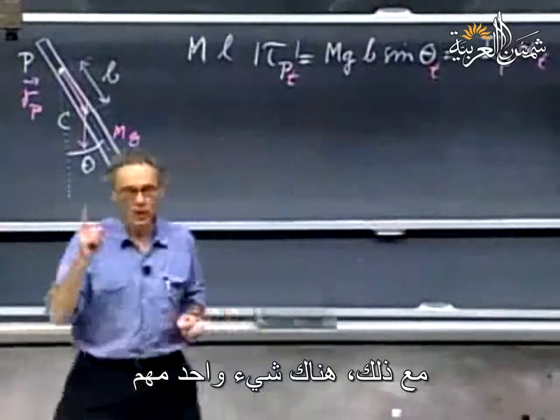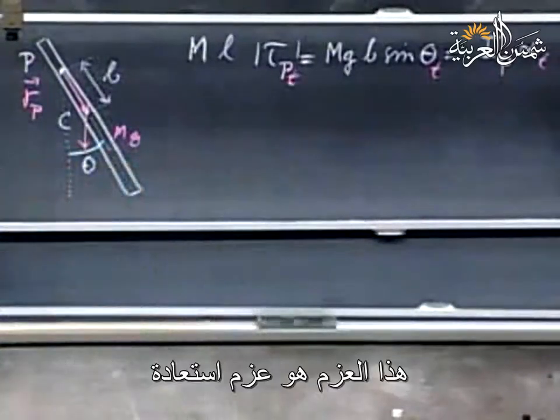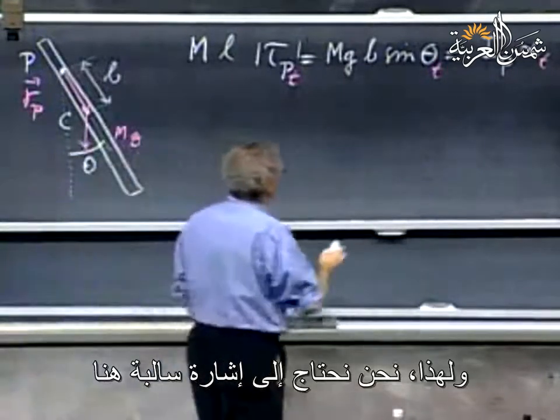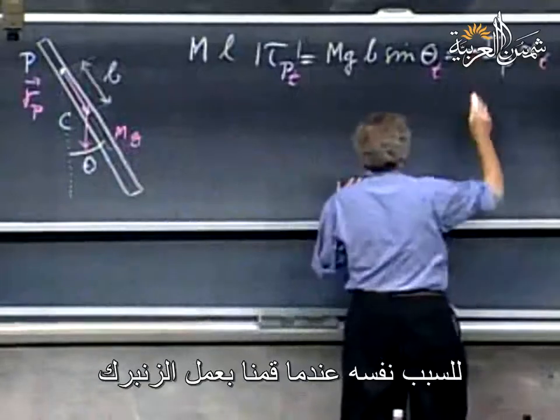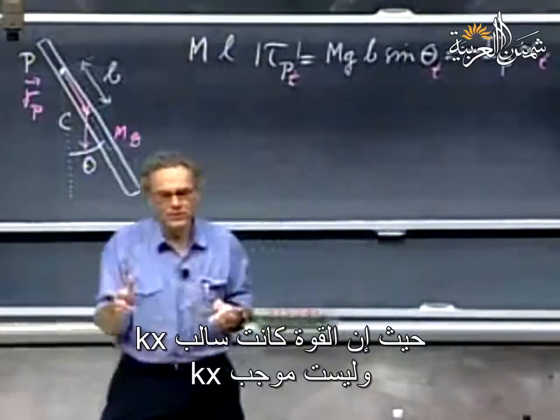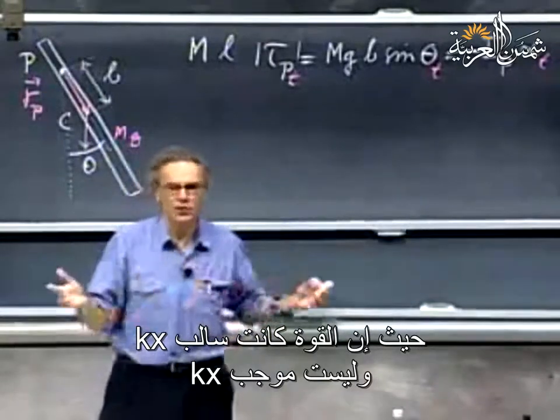However, there's one important thing. This torque is a restoring torque. It wants to drive it back to equilibrium. And therefore, we need a minus sign here for the very same reason that when we did the spring, the force was minus kx and not plus kx.